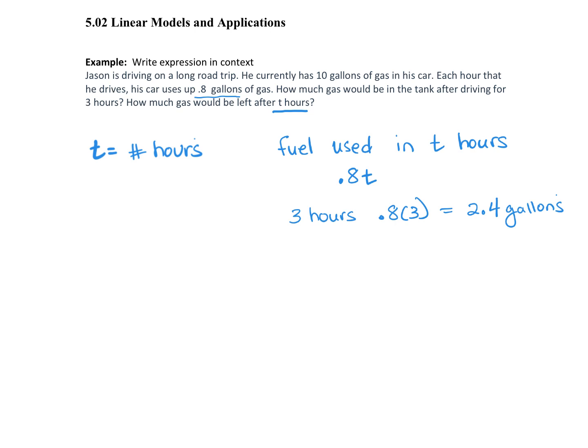All right, so how much gas would be in the tank after driving for 3 hours? Well, his fuel would be the 10 gallons he started with, and we would subtract 2.4 gallons, and that would give us 7.6 gallons.